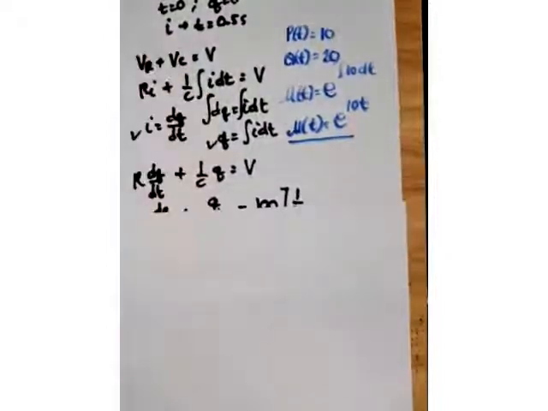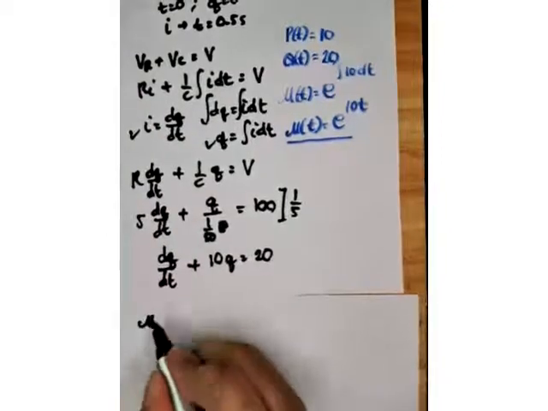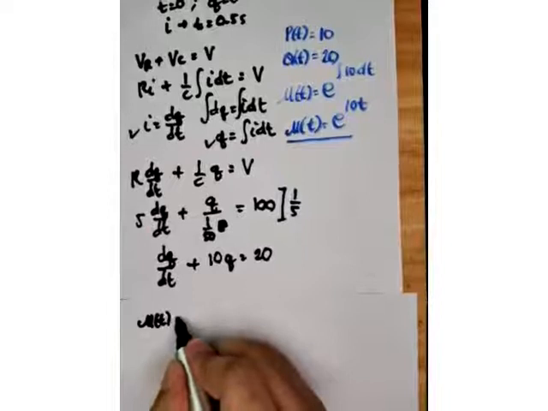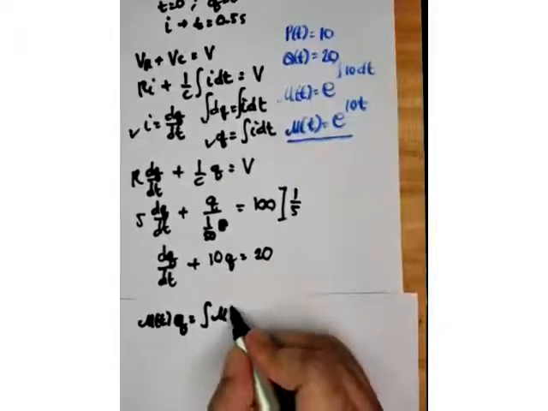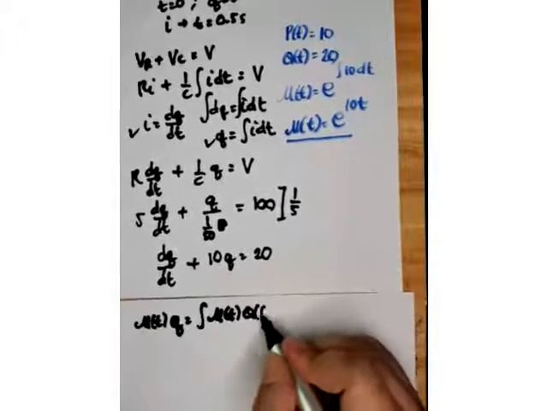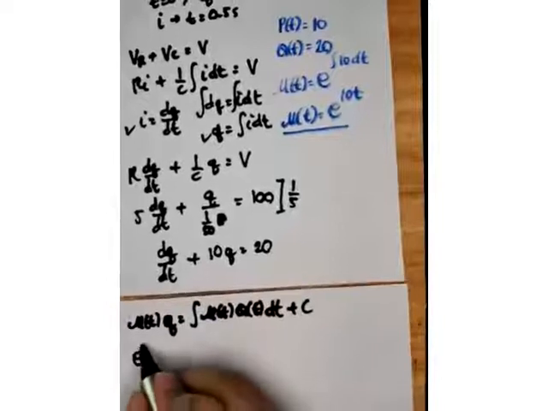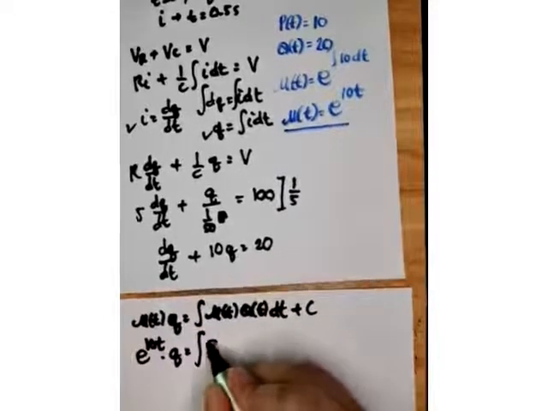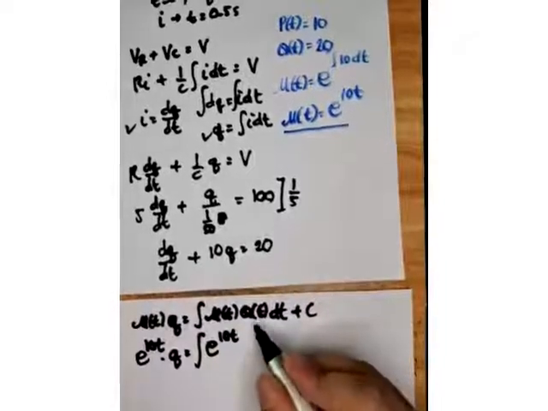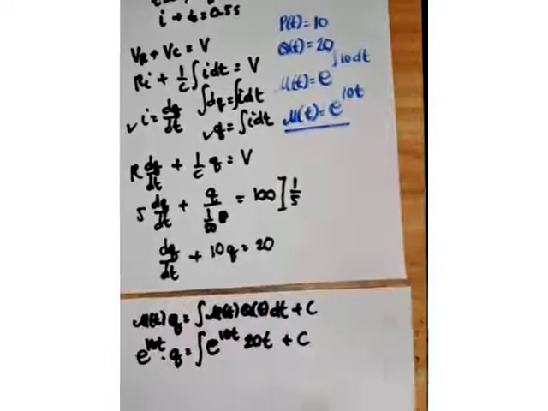Okay, now let's solve our equation. So di ba naalala nyo, ano ang sagot natin? So the integrating factor times q is equal to the integral of the integrating factor times Q of t dt plus c. Ayan. So that's e raised to 10t times q is equal to the integral of e raised to 10t times ang Q of t natin is 20, dt plus c.